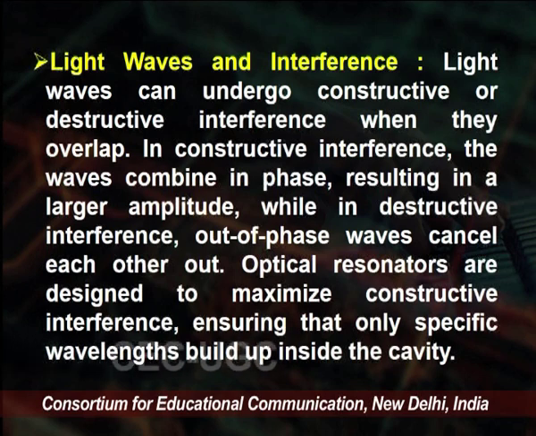Optical resonators are designed to maximize the constructive interference, ensuring that only specific wavelengths build up inside the cavity. So we design the resonator such that maximum constructive interference is obtained.